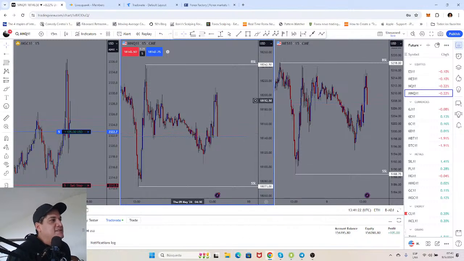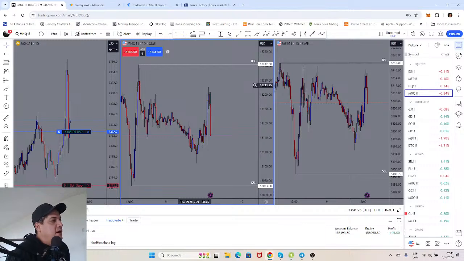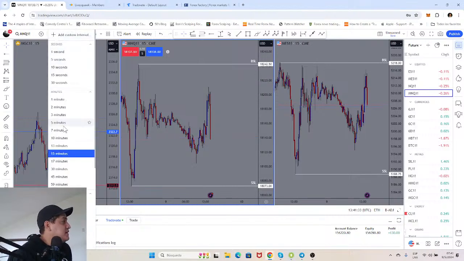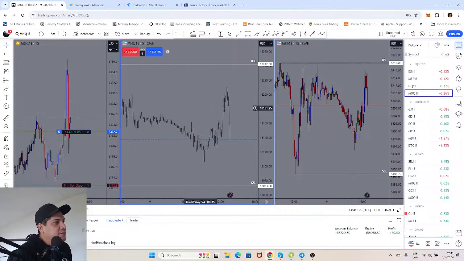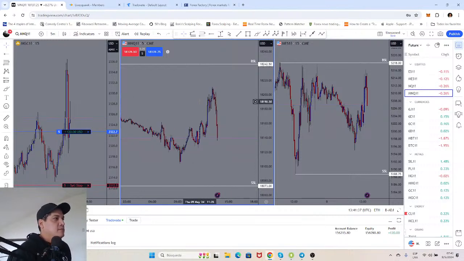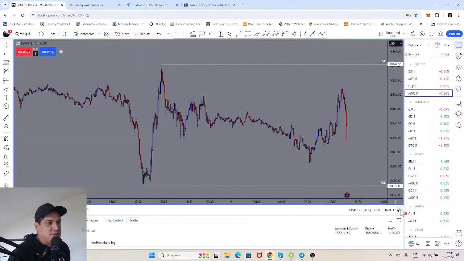Yeah, the Nasdaq is moving, but it's still within my range. I can't do anything unless I go to the lower time frames and find a trade. I'm going to show you actually. This high got liquidated on the Nasdaq.